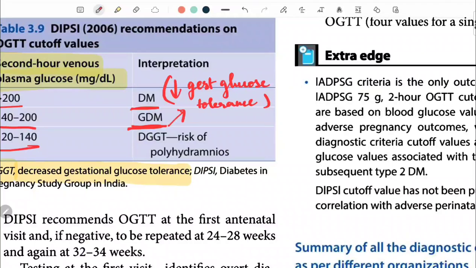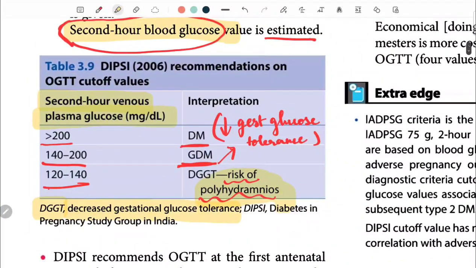DGGT stands for decreased gestational glucose tolerance, which means there is a risk of polyhydramnios. So the interpretation according to the second hour venous plasma glucose: if it is more than 200 mg per dl, then it is DM.